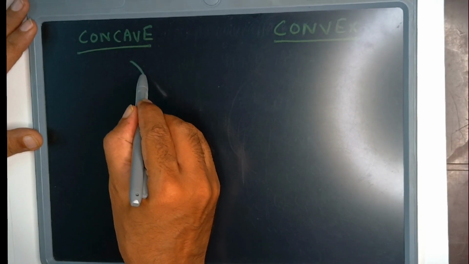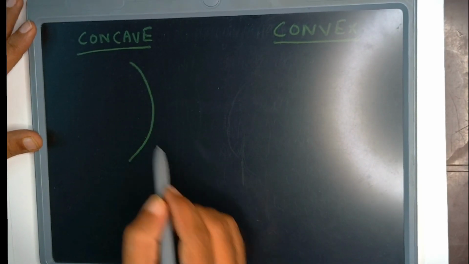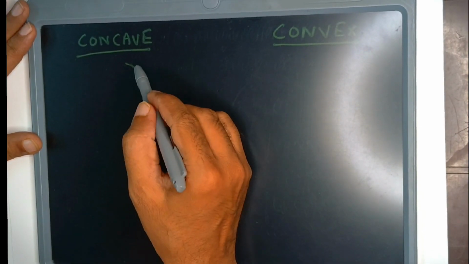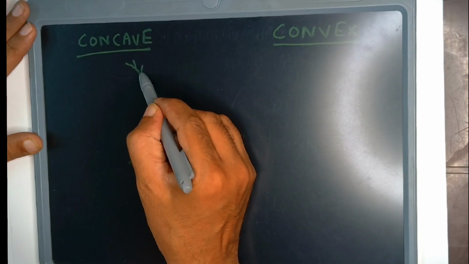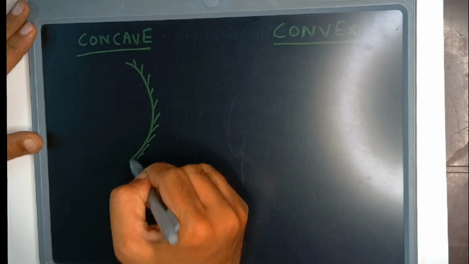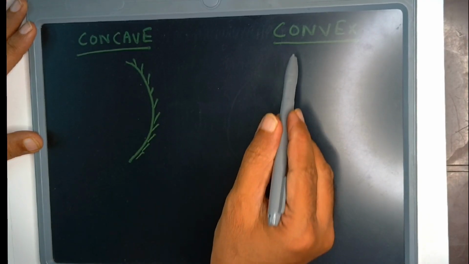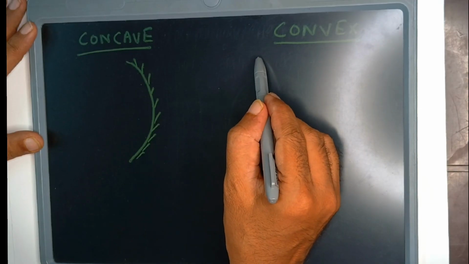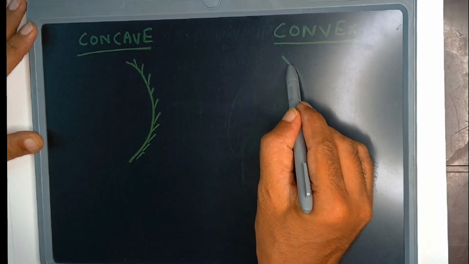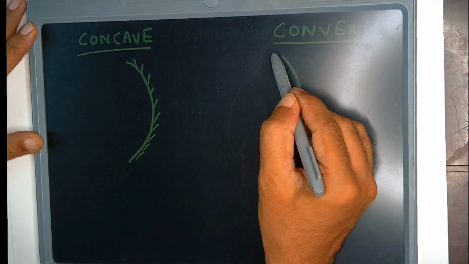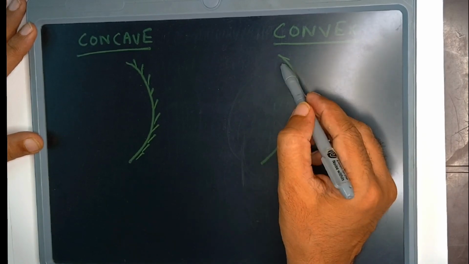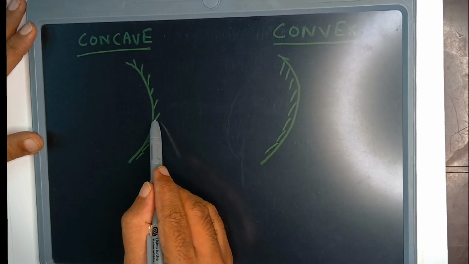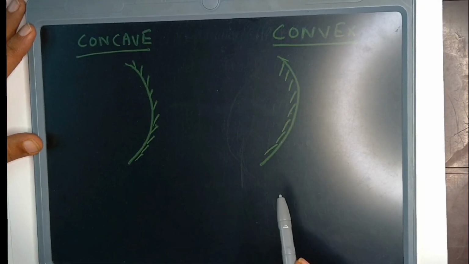So I'll take the concave mirror like this. Pardon me for my accuracy of the curve. The outer surface is polished surface. And in case of convex mirror, the inner surface is polished surface. Here the outer surface is polished, here the inner surface is polished.